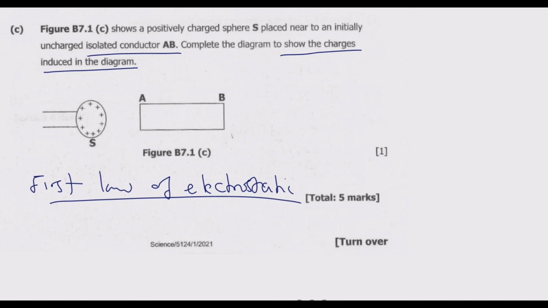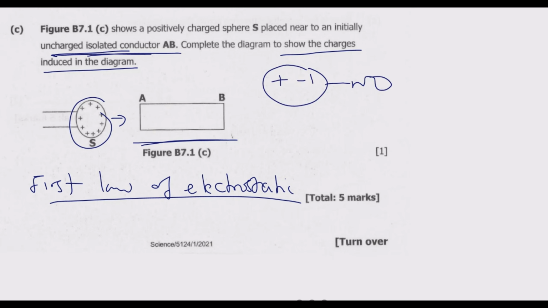This is what the first law of electrostatics states. Because this is initially uncharged, the positive and the negative charges are equal, such that the net charge is 0.